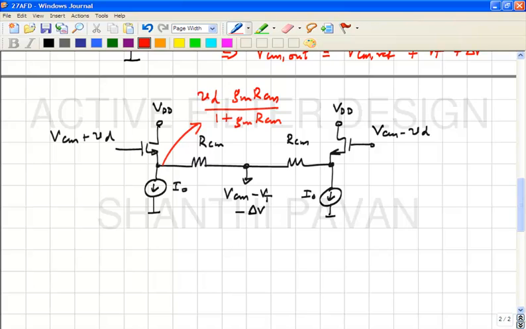So, this will be VD only when GM times RCM is much larger than 1. Okay. Similarly, this will be minus VD times GM times RCM divided by 1 plus GM times RCM. Okay. So, incrementally, what about this node incrementally?